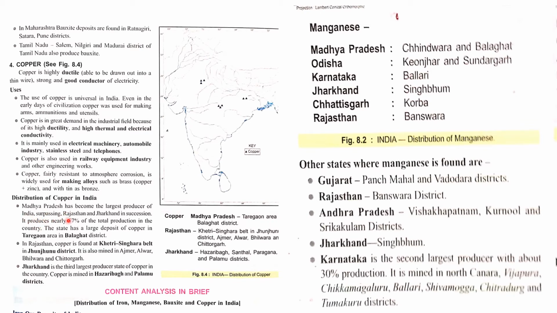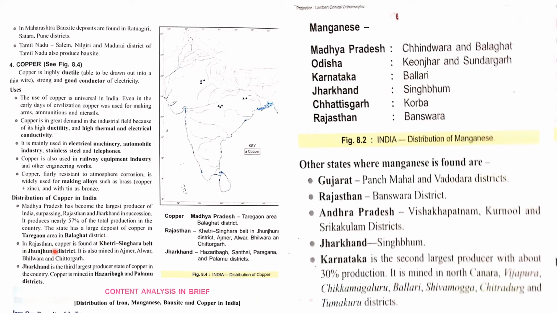Madhya Pradesh has become the largest producer of India as far as copper is concerned. Rajasthan and Jharkhand follow in succession. That means second will be Rajasthan and third is Jharkhand. Madhya Pradesh produces about 57% of total production in the country. The state has a large deposit of copper in Malanjkhand near the Balaghat district, which is in Madhya Pradesh.